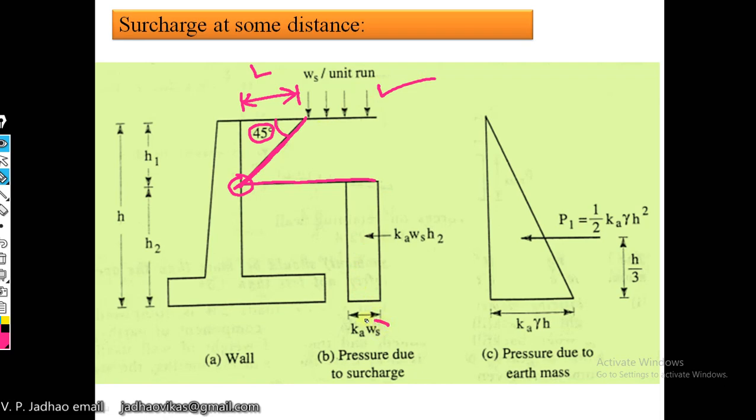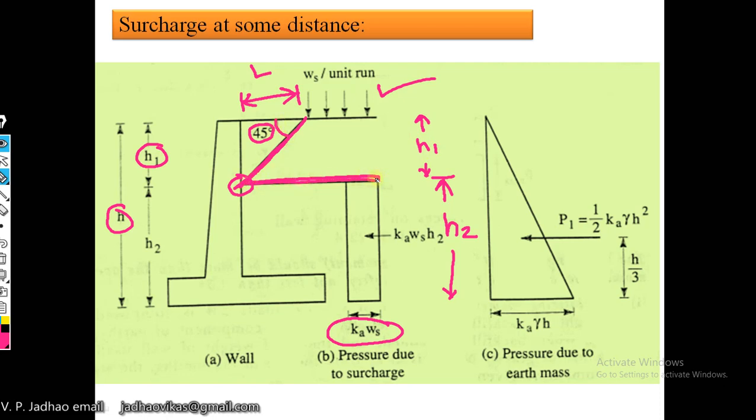The intensity will again be Ka into Ws, but the height which is considered will be this one. Let us consider this is h2, where capital H is the total height of your retaining wall and h1 is the height at the point where this 45 degree line meets the retaining wall.